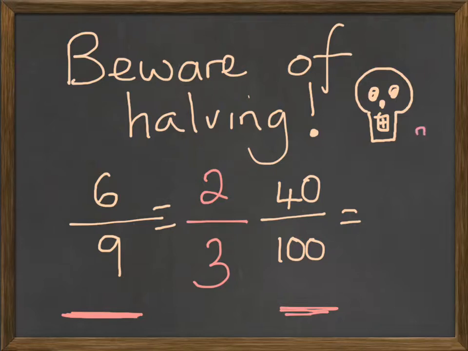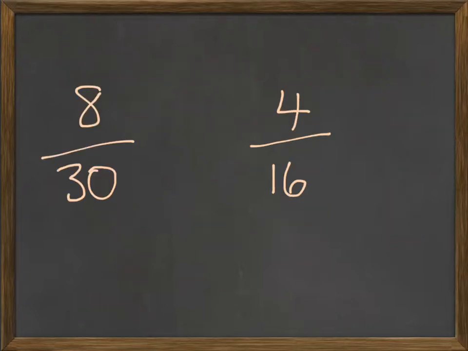I'll make a little note up here, 20, and 20 goes into 40 twice, and it goes into 100 5 times. So 40/100 is the same as 2/5. Now have a go at these ones and see how you get on. Put me on pause.